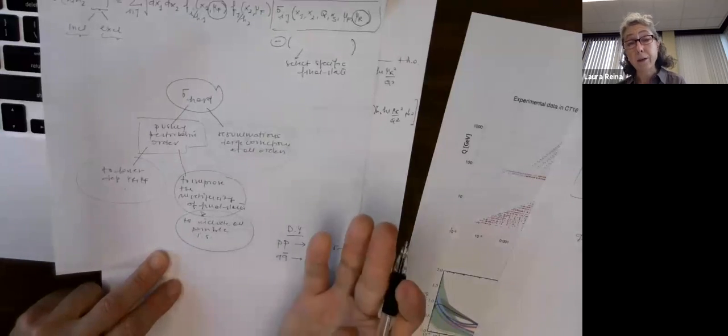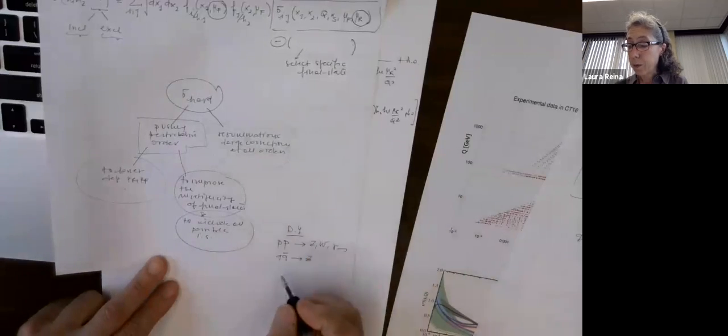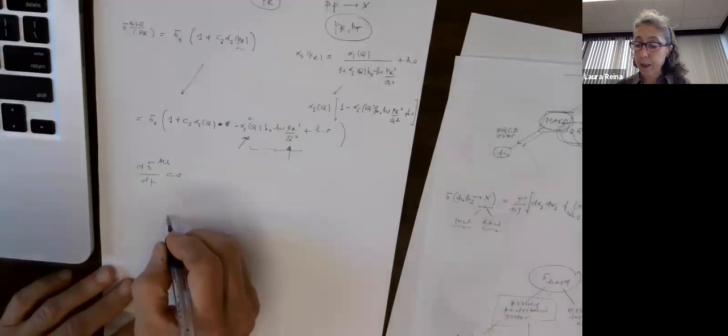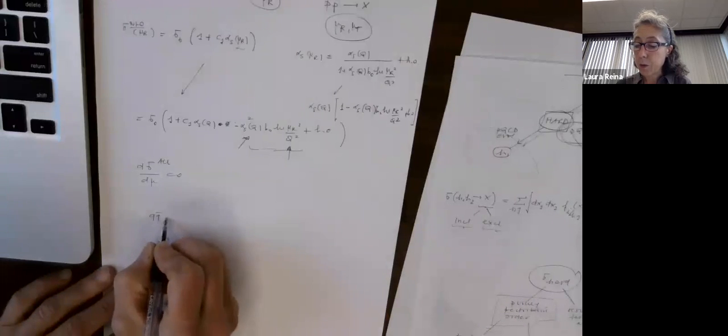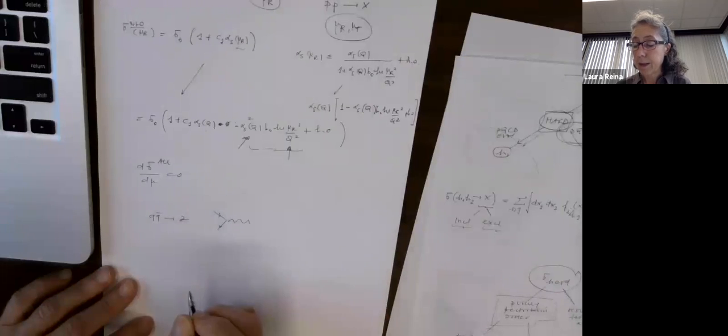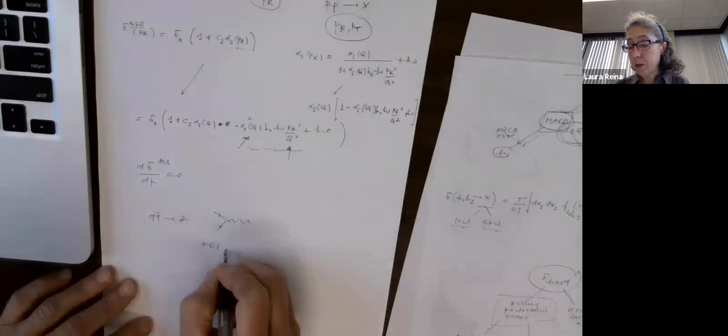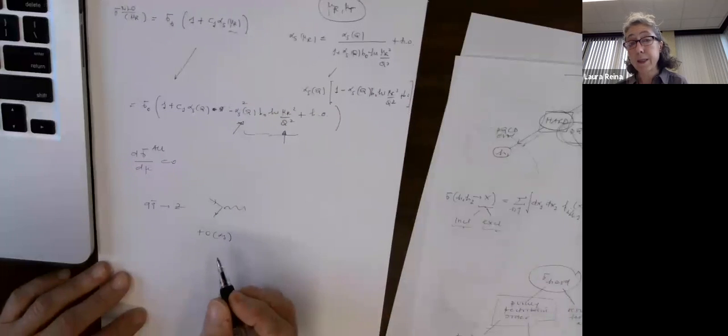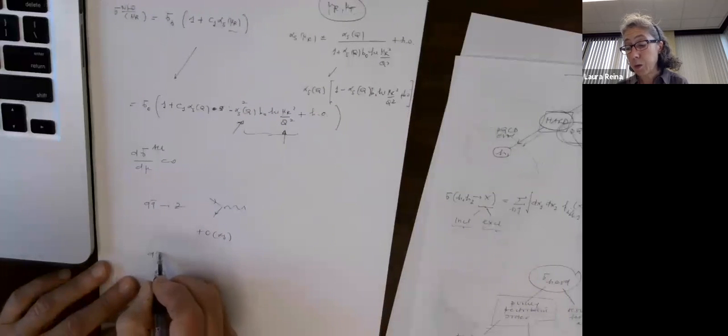But if I go to higher order, the process is just, let's draw it on the piece of paper that I have here. The process is just a q q-bar into Z, a process like this one. But if I now start including order alpha S corrections, all of a sudden I can have a process that is also a q-gluon.